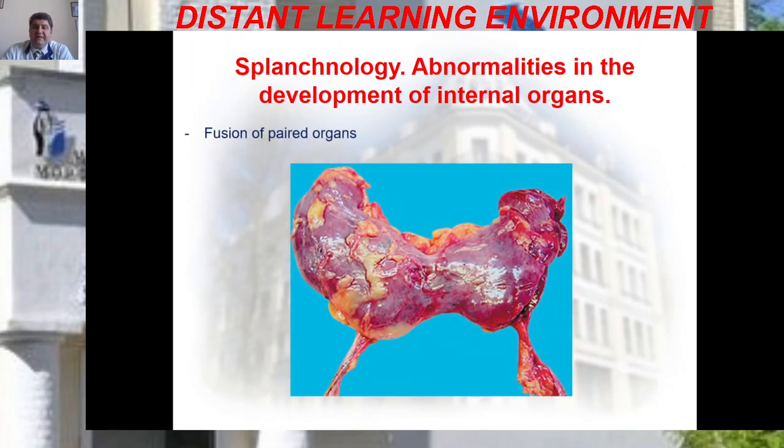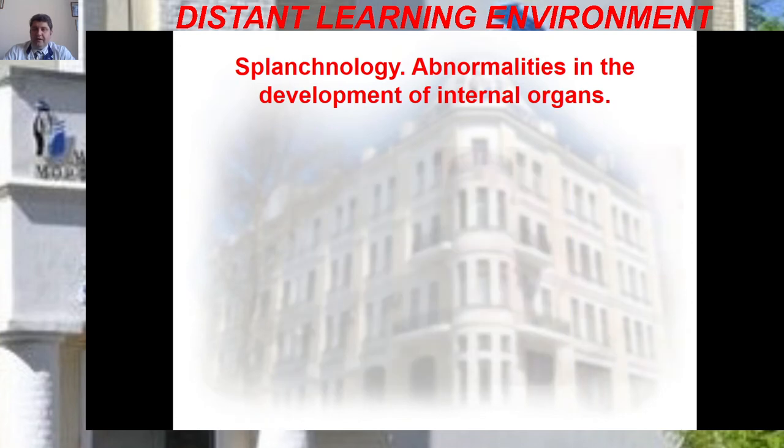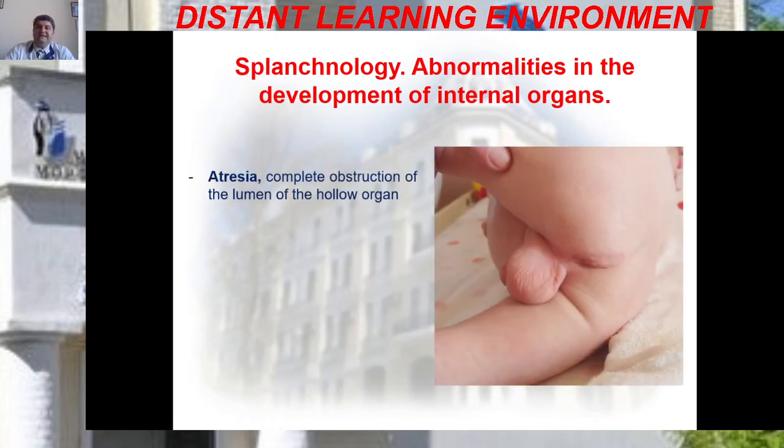Next, you may see the fusion of paired organs. For example, you may see the fusion of two kidneys with the lower poles of the kidneys. Next, you may see atresia. This term means obstruction of the lumen of a hollow organ. For example, you may see the obstruction of the anus or hindgut.